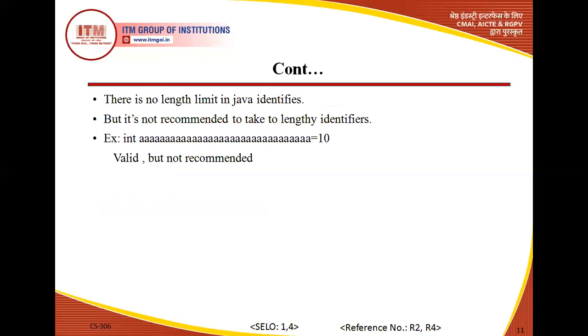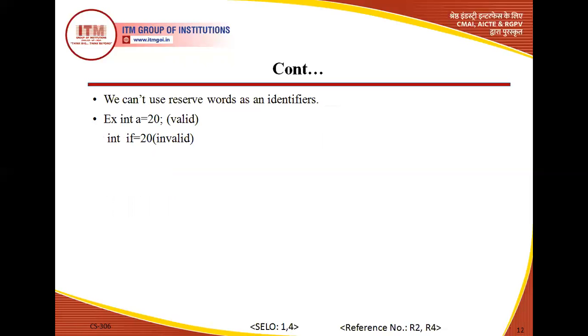And the length of the identifier should not be too lengthy. It's not recommended, so make sure your code stays within a reasonable length. Now the next one: we can't use reserved words. This is an important point.